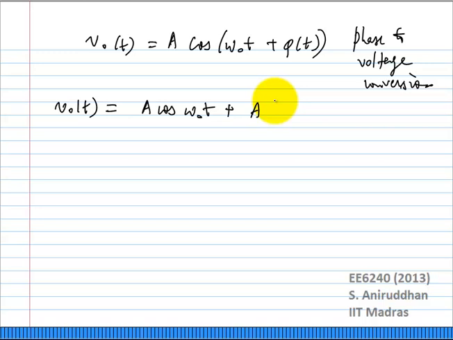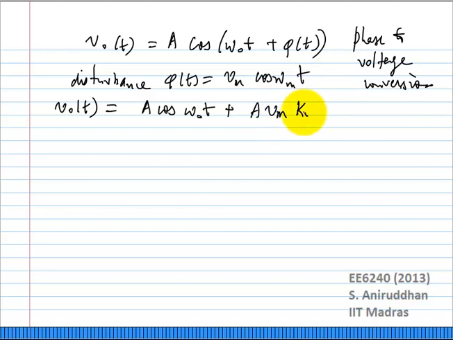For example, let us say your disturbance could be written as Vm cos ωm t. You could actually write the expression for these terms, a times Vm times KVCO by 2 ωm into cos((ω0 plus or minus ωm) t).